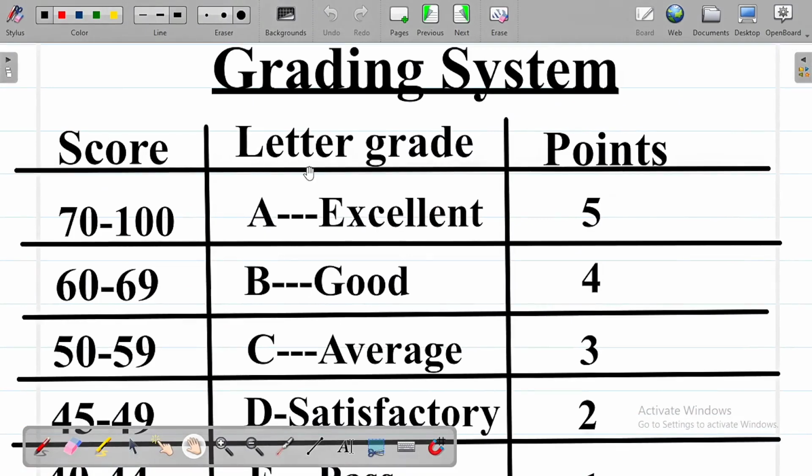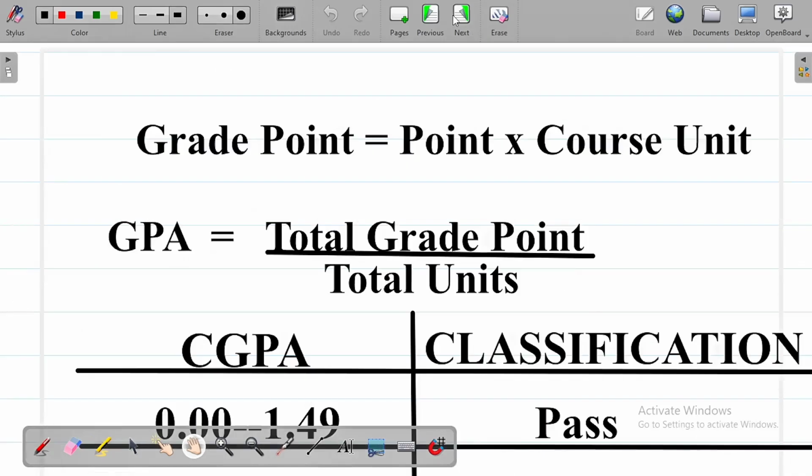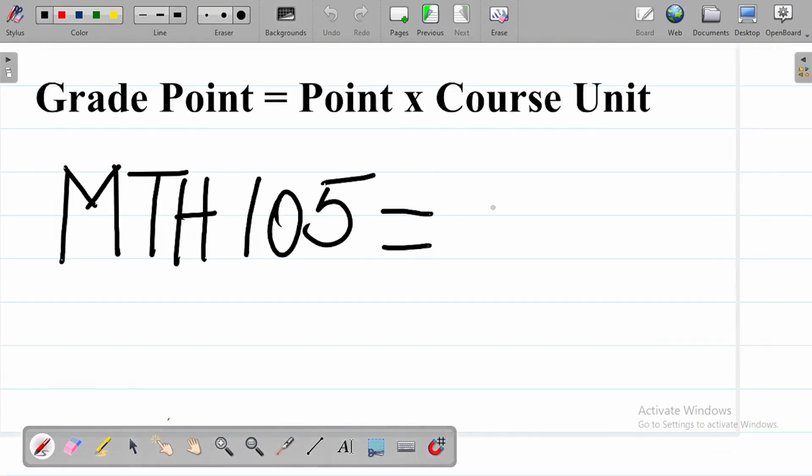And A, what is the point for A? Let's check the grading system again. 70 to 100 marks is A, and A is 5 points. Since A is 5 points and the student has A in maths 105, we have 5 multiplied by the course unit.